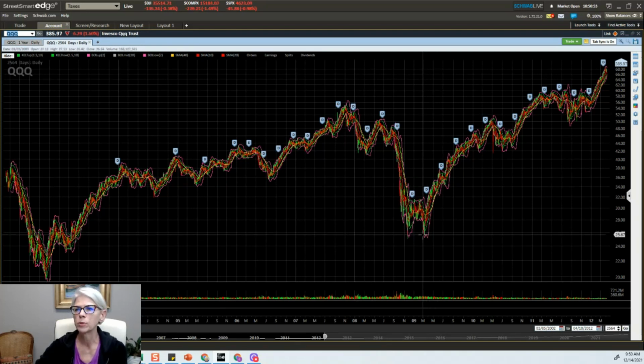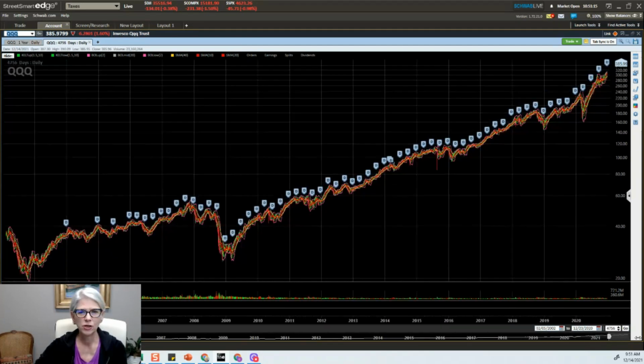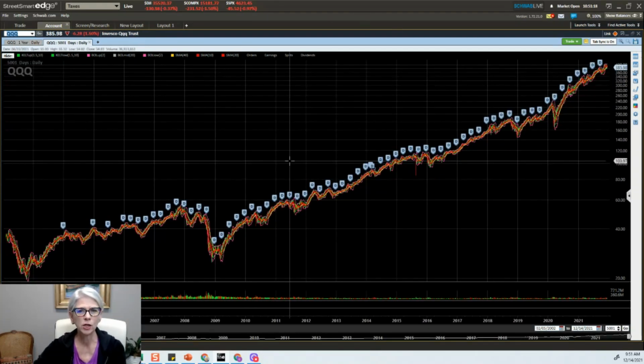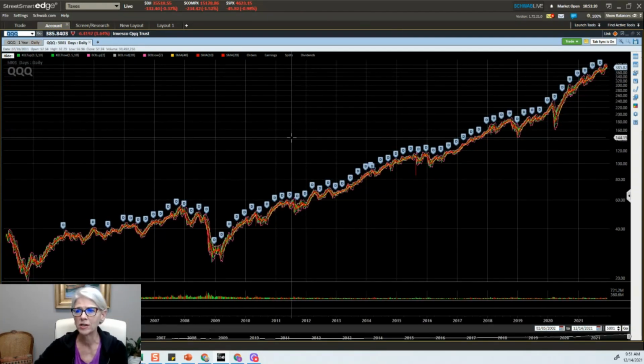They're not as blue chip as the stocks in the S&P 500. Even though there's some huge companies in the NASDAQ now, they are not as likely to pay dividends. They're a little bit higher growth, or probably considerably higher growth companies than represented in SPY. And so this is the QQQ, and you can look at any index you want to on here, but those are the main ones.